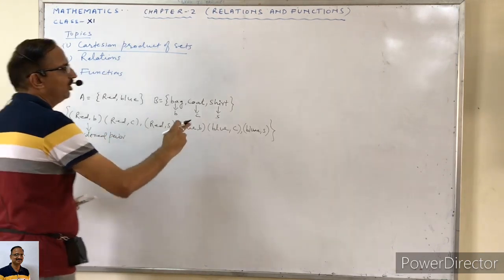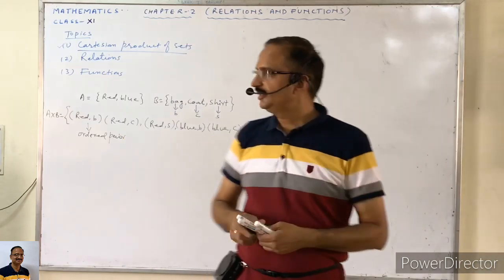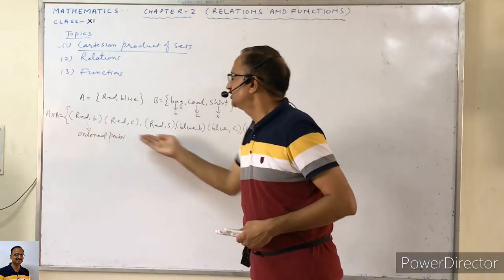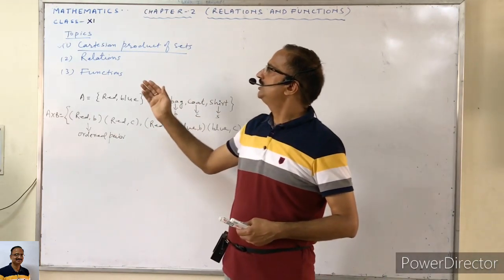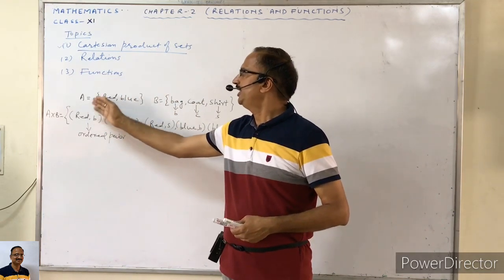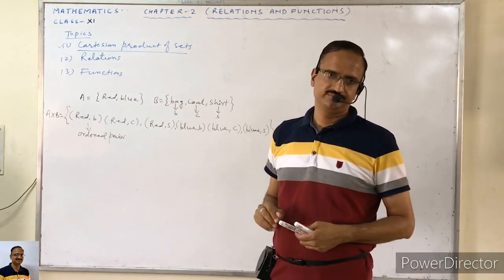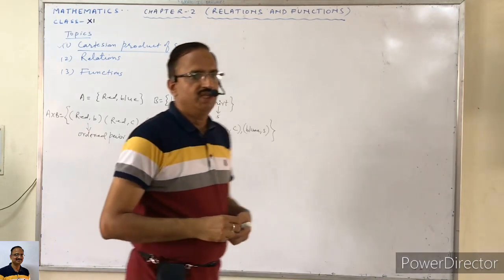So these are ordered pairs and this is called the Cartesian product from A to B. Okay?